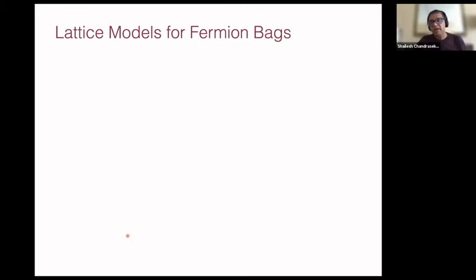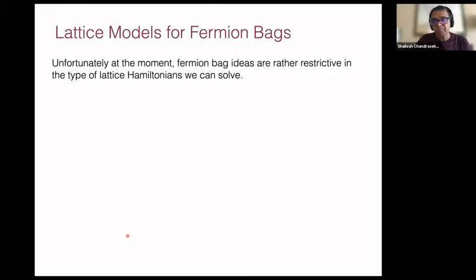So let me briefly mention the lattice models. Unfortunately, I would say the fermion bag approach or the Meron cluster approach is rather restrictive. You cannot do your favorite model, at least at the moment, the way one could using the auxiliary field approach or hybrid Monte Carlo, even if the sign problem is solved.